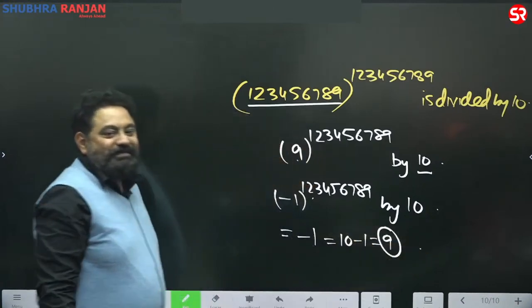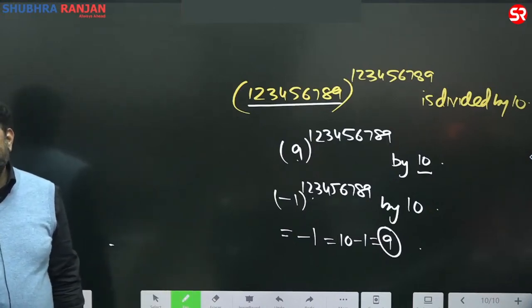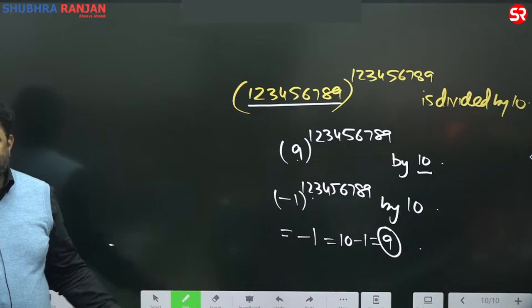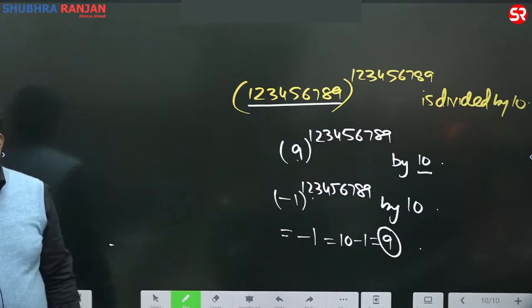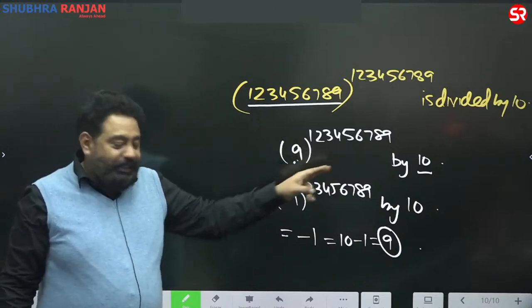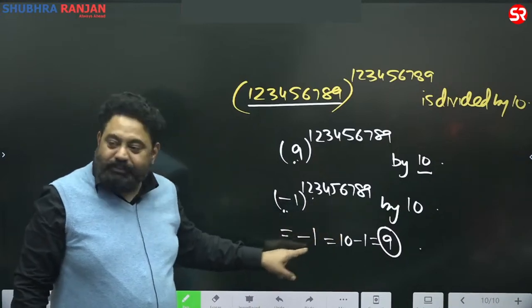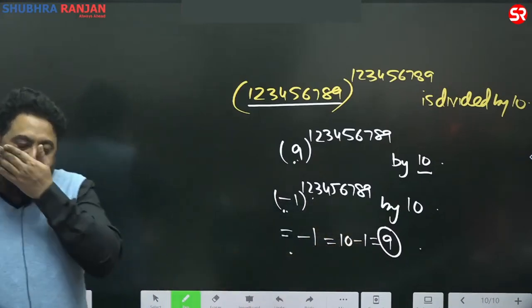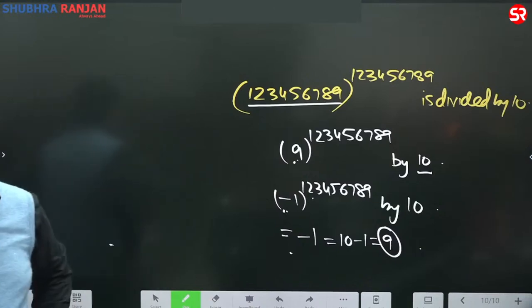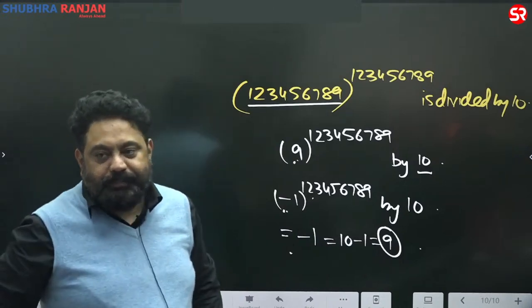Take the answer, so easy. So once you get 9 here, 9 divided by 10 gives minus 1. Darshika, minus 1 to the power odd is minus 1, which is 10 minus 1, which is 9. Clear? Anyone having any trouble, please let me know.